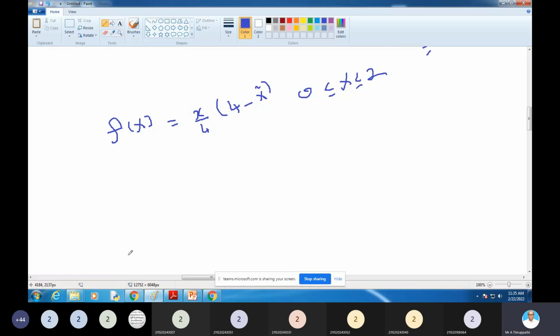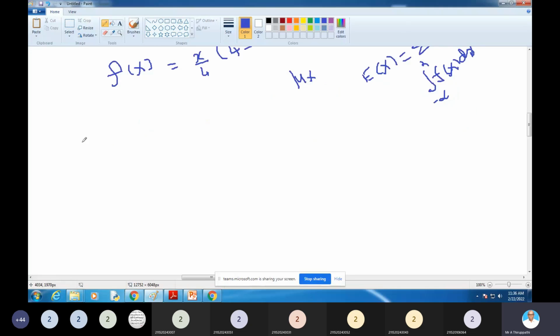Find the mean, mu of x, which is the mean of the random variable, the expectation of x. In the discrete case, the mean is summation of x into p of x. In the continuous case, the mean is the integral over minus infinity to plus infinity of x f of x into dx.